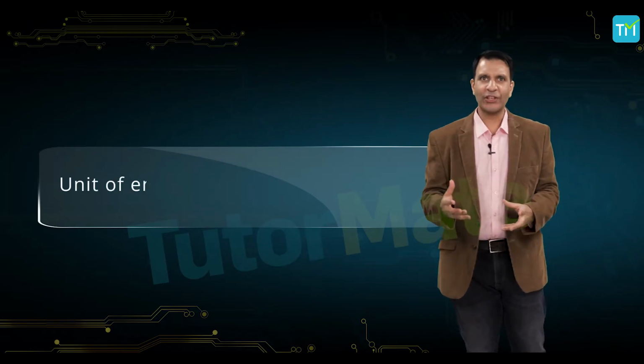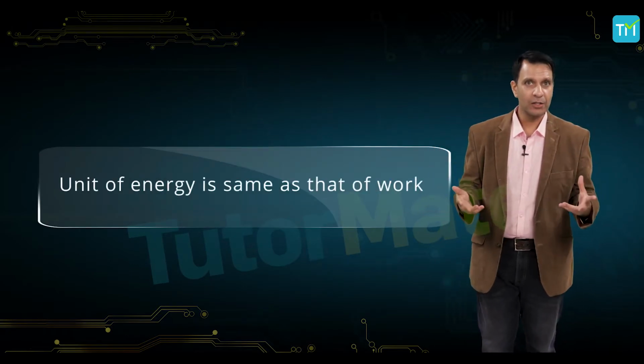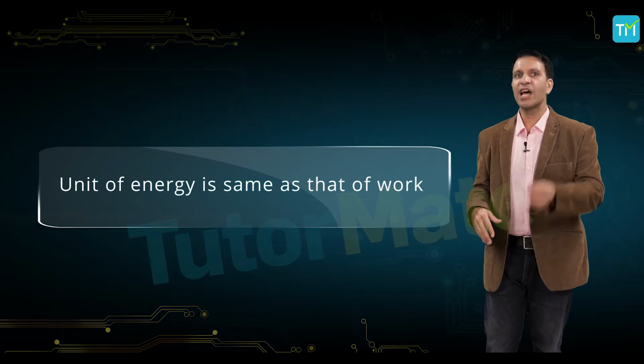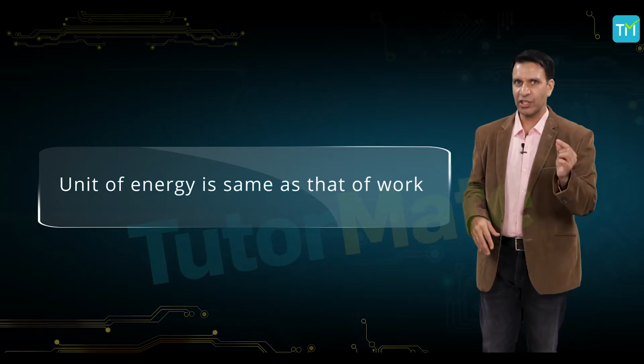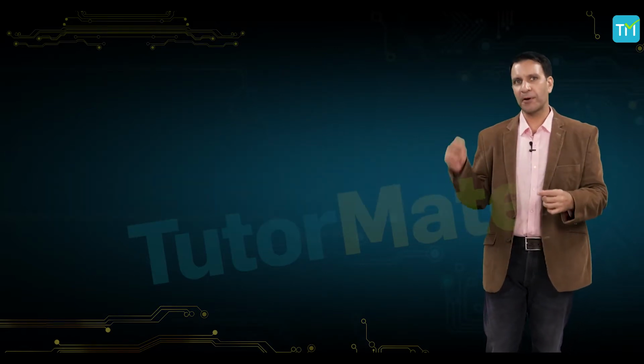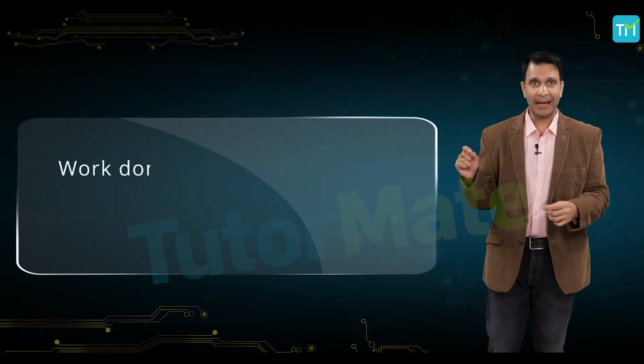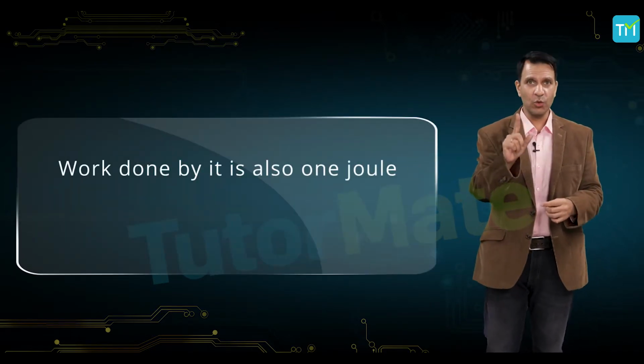We know that the unit of energy is the same as that of work. So we can say that since 1 joule of energy was provided to the positive charge, the work done by it is also 1 joule.